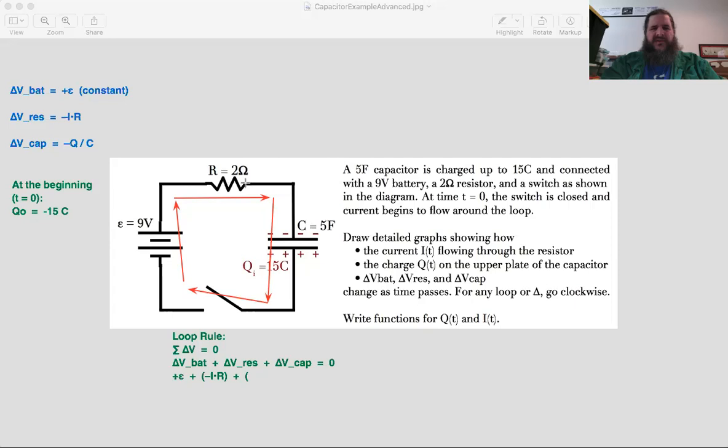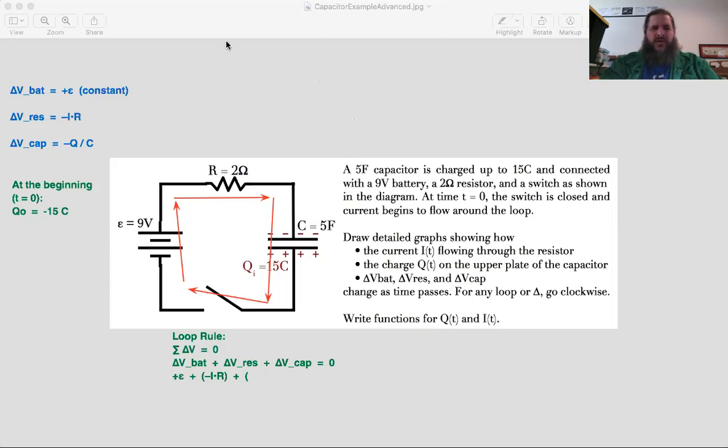And then what about the resistor? A decrease, yeah. So the resistor is going from high voltage to low voltage. And what about as we go through the capacitor in this direction? Is that providing an increase or decrease in voltage? Should we expect the higher voltage to be on the negative plate or the positive plate? Yeah, the positive plate is higher voltage than the negative plate.